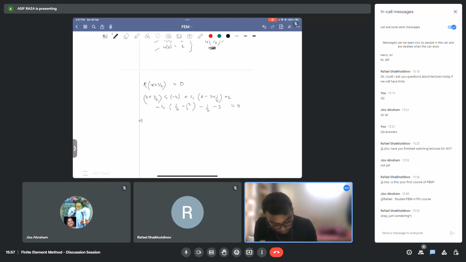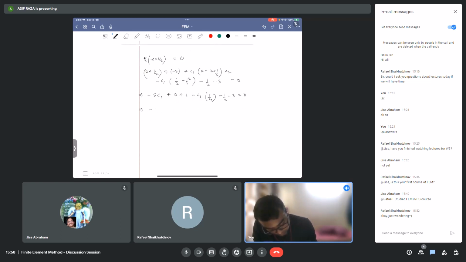This can be simplified as minus 5 c1, and this term will be 0, then plus 1 minus c1 times (1/2 minus 1/4), that will be 1/4, minus 1/2 minus 3 equal to 0. So again minus 5 c1, here 1 minus 3 will be minus 2 and minus 1/2, and minus c1 by 4.